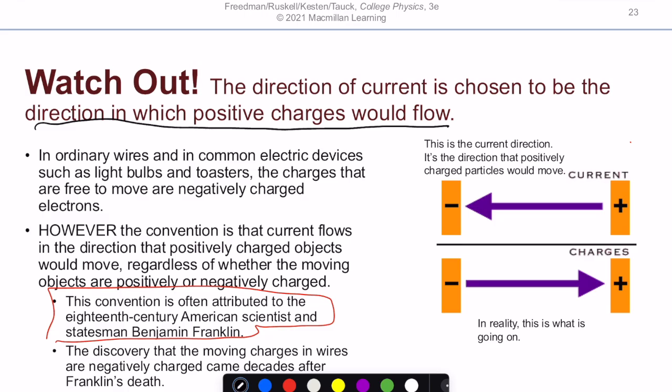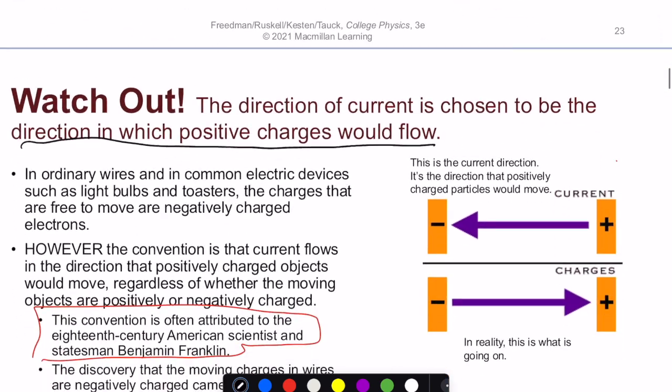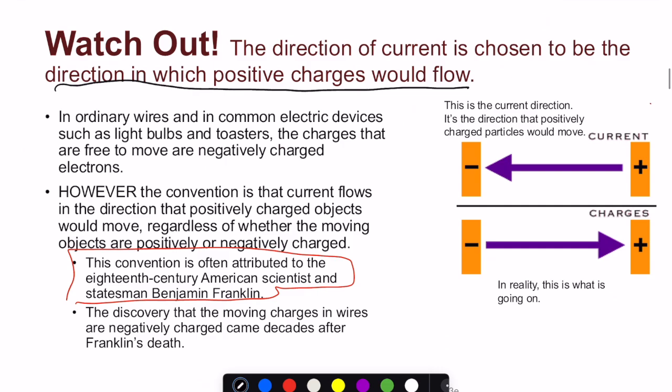So if you remember my explanation earlier, I was always saying that those charges are electrons, okay? The electrons are moving, and that is physically what is happening. However, the way we describe current is as the flow of positive charges, and it's simply by convention. You can blame Benjamin Franklin again for this.